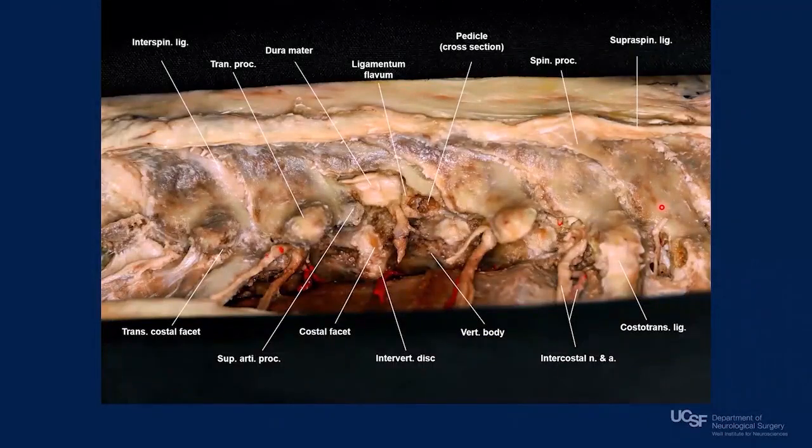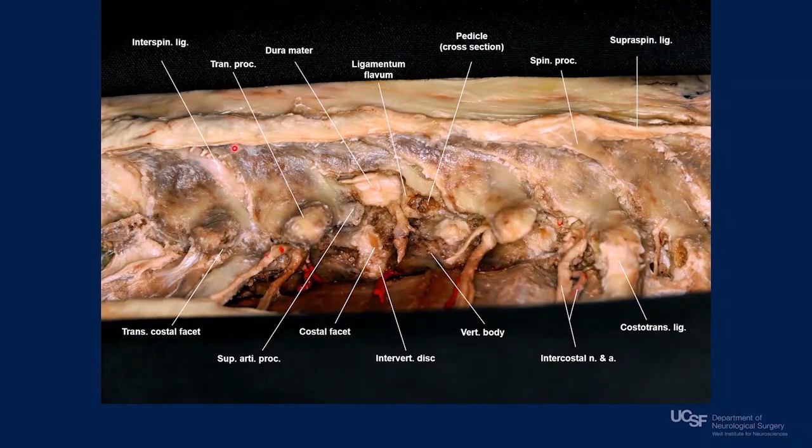This is a dissection exposing the right side of the mid-thoracic region from superior to inferior, and left side and right side, medial to lateral. What we're seeing superficially are the first layer of dorsal muscles that are associated with the spine. We see the supraspinous ligament, and in a deeper layer we see the interspinous ligament.